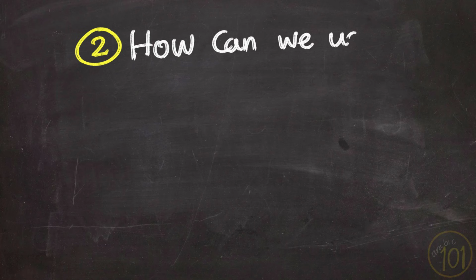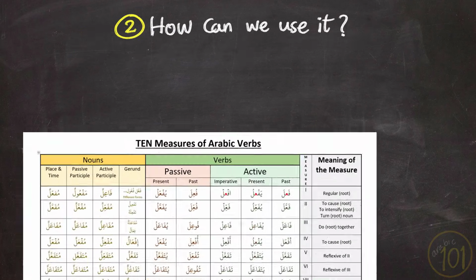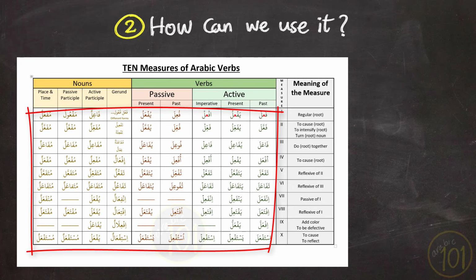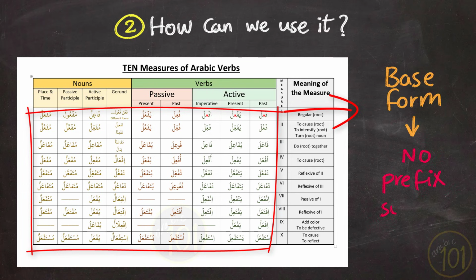The second question is, how can we use this table? The patterns that we see here all represent the verbs in their basic or base form without prefixes or suffixes.